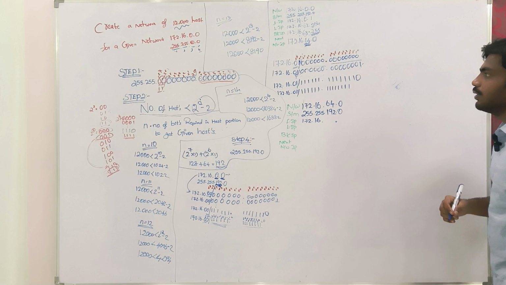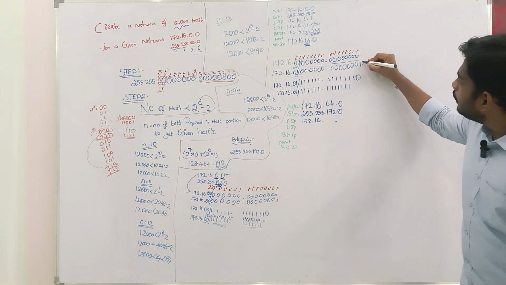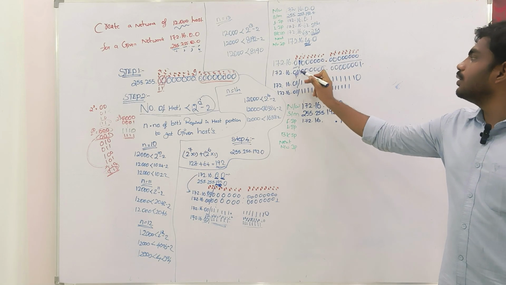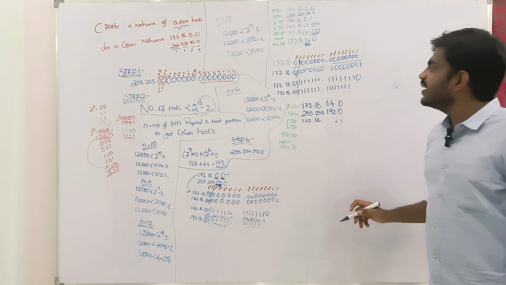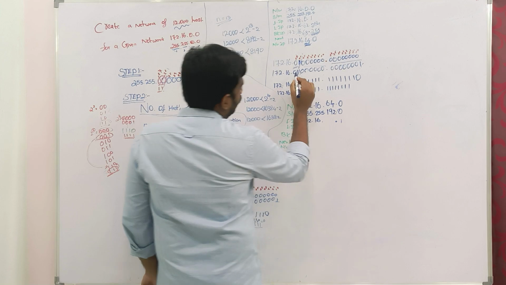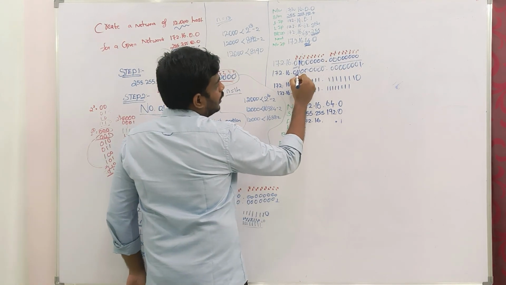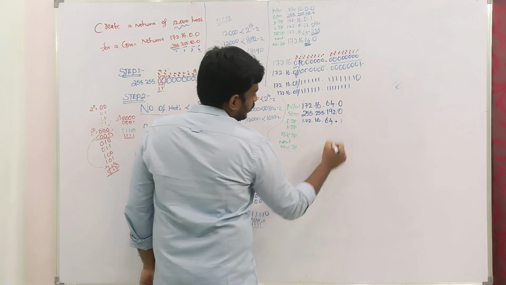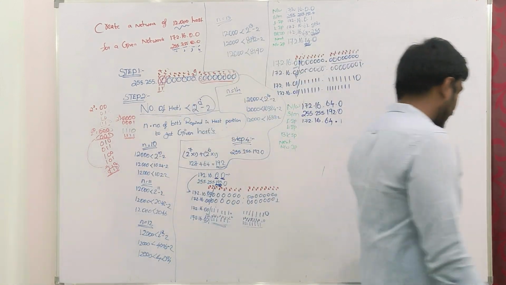What will be the fourth octet? You multiply with 2 power 0 times 1, which results in 1. In the third octet you multiply with corresponding bits. So here we have a 1 multiplied by 2 power 6, which is 64. 64 is our first IP.